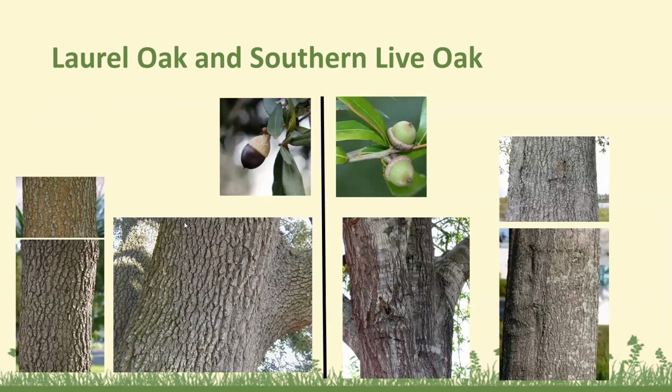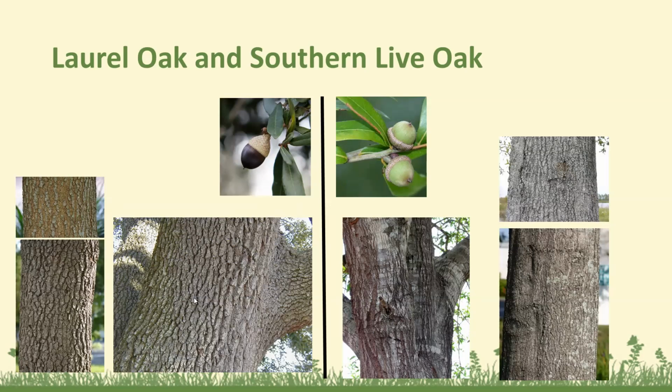And so for the laurel oak and southern live oak, some of the other features on them, the acorn, you can see that there's an acorn that is very long and oblong for the live oak. And for the laurel oak, it tends to be much more orbicular, you might call that.